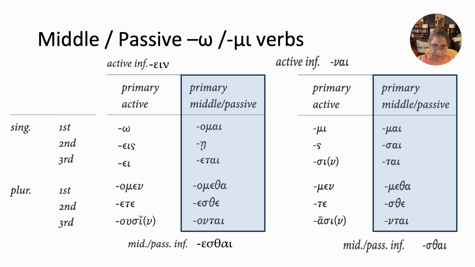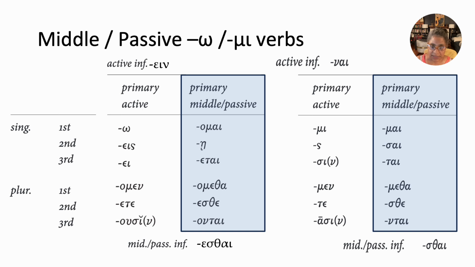And then the infinitive is -esthai. Those are the endings that you put on omega verbs when they are deponents or middle passive endings.